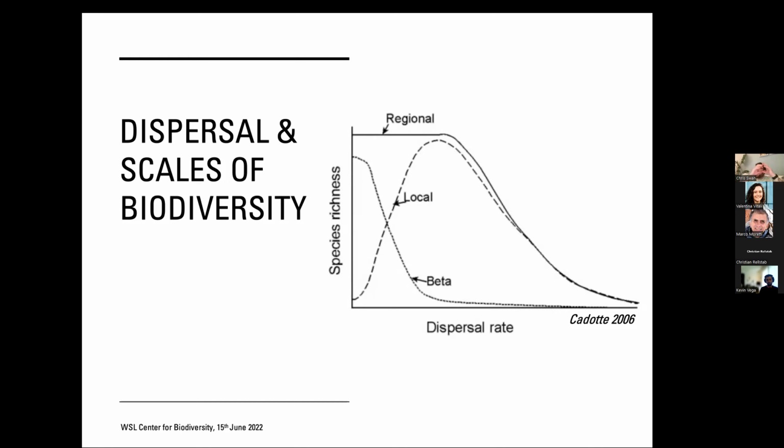Of all the species that can arrive at a location, the species that you see are a subset of those species that could arrive from different locations. So dispersal plays an important role.